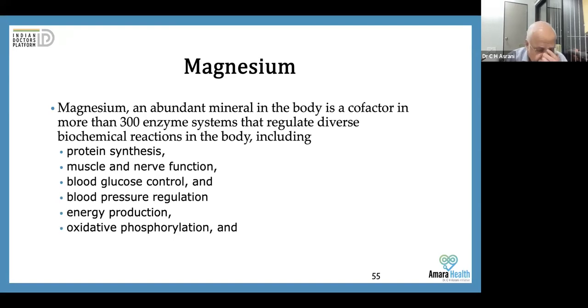So we can list 300, but it's virtually everything, and even glycolysis. Glycolysis is important for blood glucose control.